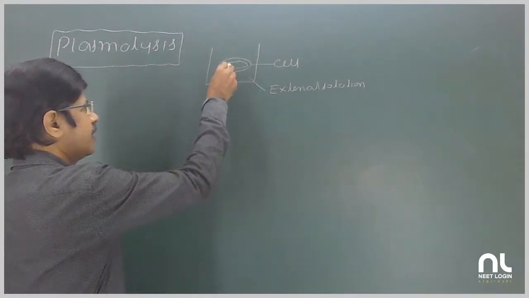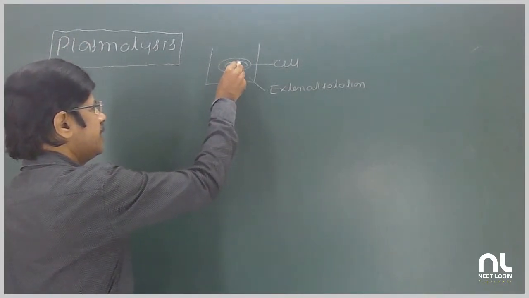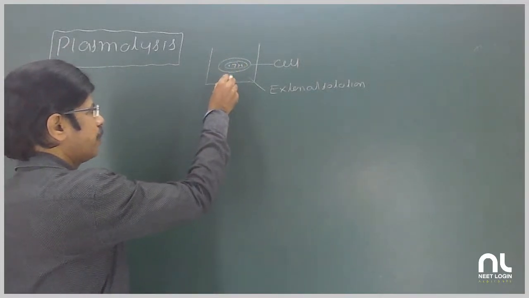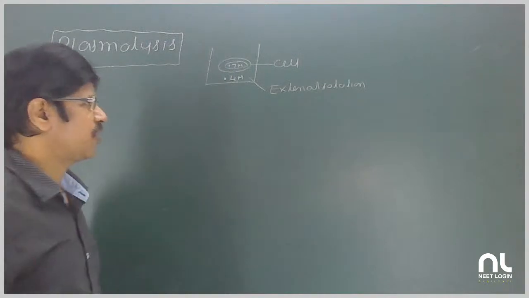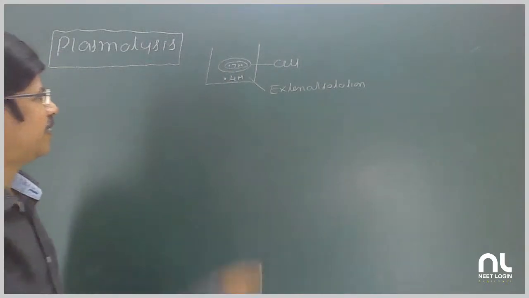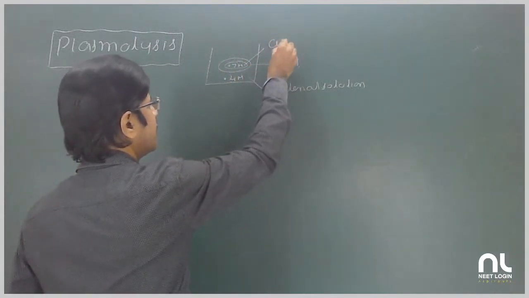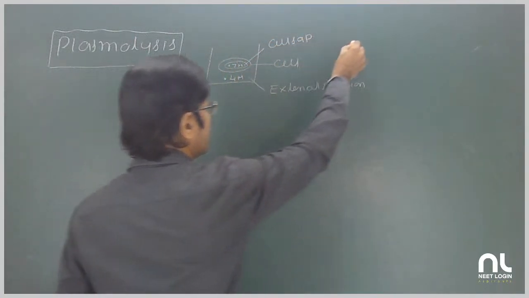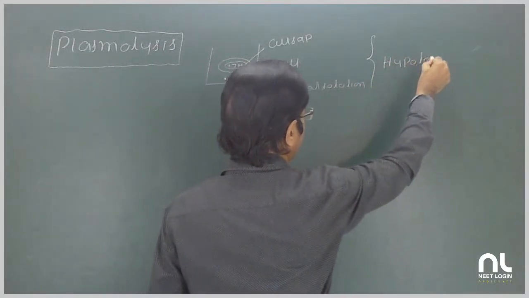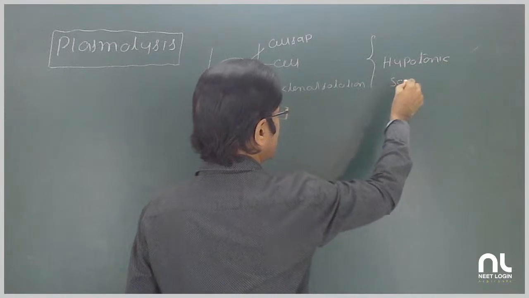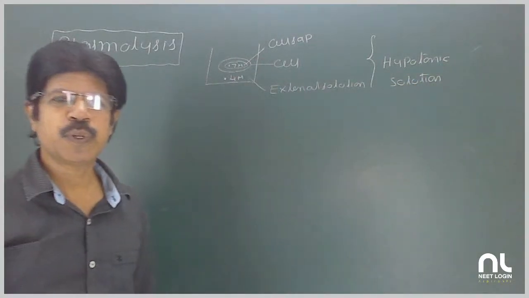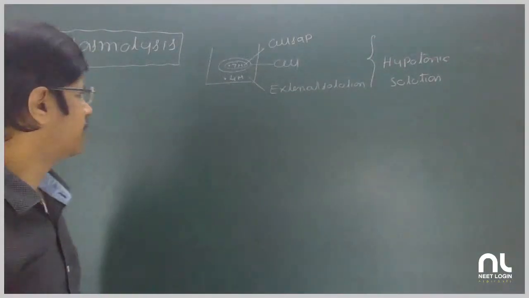The cell sap has 0.7 molar concentration and the external solution has 0.4 molar concentration. So the external solution concentration is less than that of the cell sap. What they call it is a hypotonic solution.